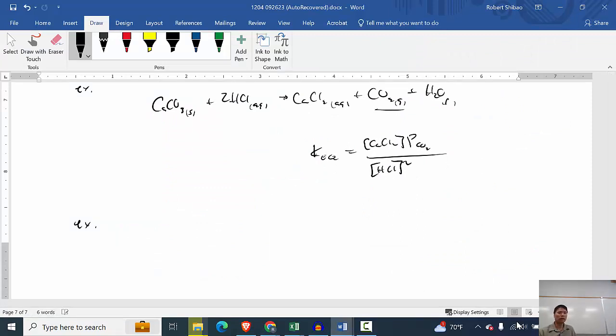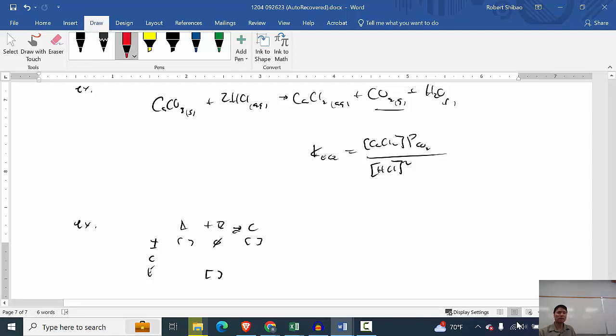And so sometimes some items are missing. So if we have A plus B goes to C, and they give us A initial, and they give us B initial, and they give us C initial, and then they tell us B final, then we can figure out everything here because it depends on the stoichiometry.